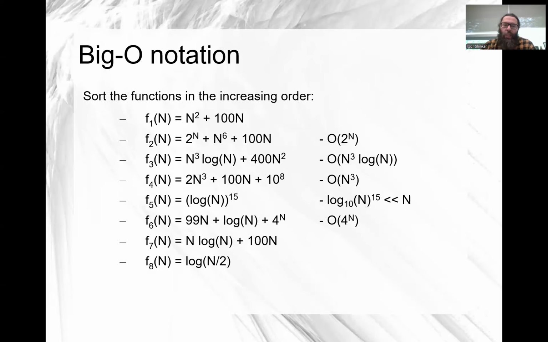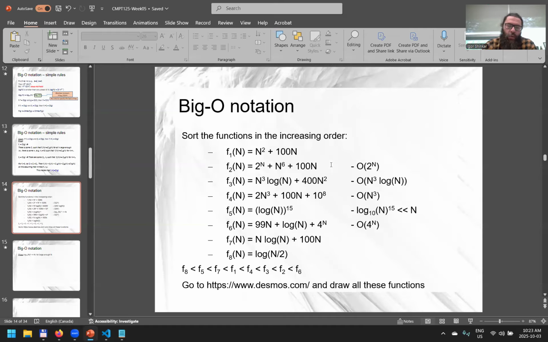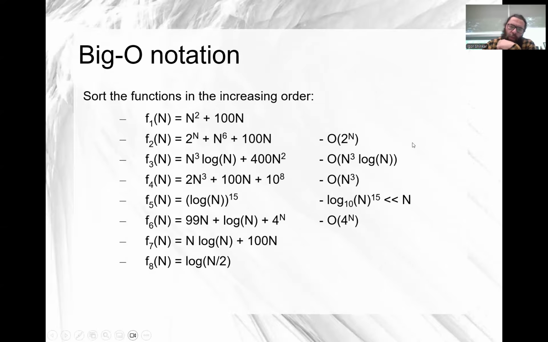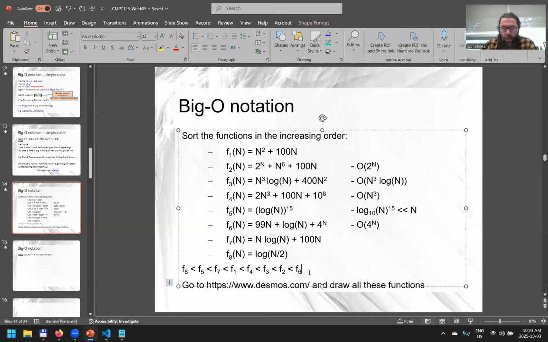How about you do this exercise on your own, and maybe you pause and have a look at it. I have a bunch of functions here. There are some hints here that I would like to hide.